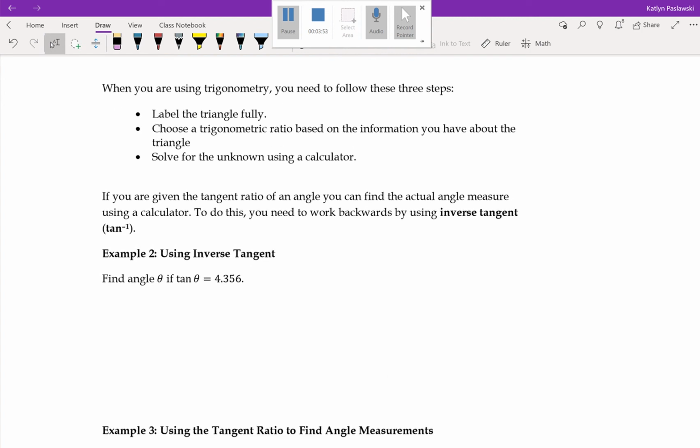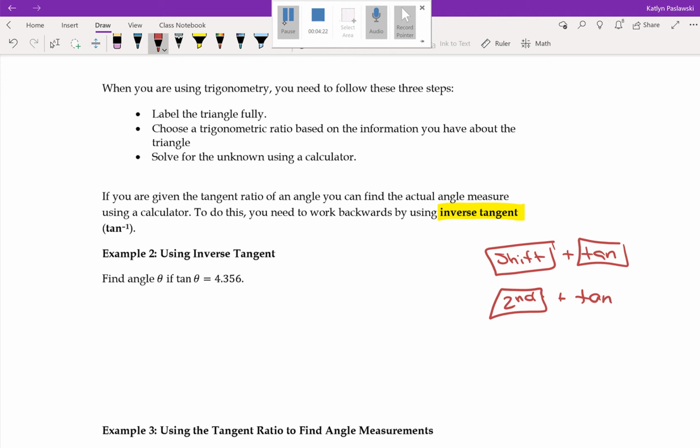If you're given the tangent ratio of an angle, you can find the actual angle measure using a calculator. To do this, you need to work backwards using the inverse tangent. That's represented by tan with the superscript -1. You can find that on your calculator, usually by pressing Shift plus tan, which will give you inverse tan, or the second function button plus tan.